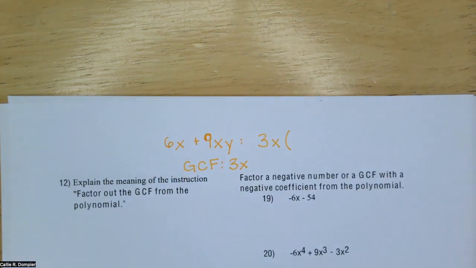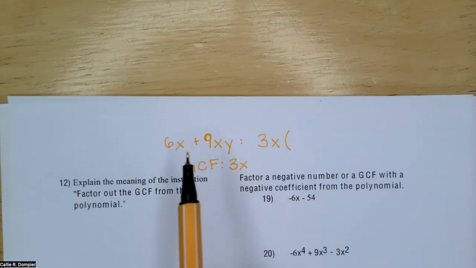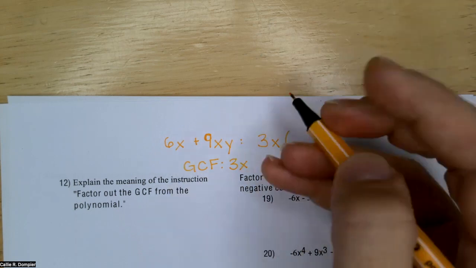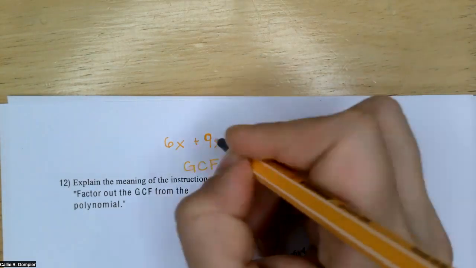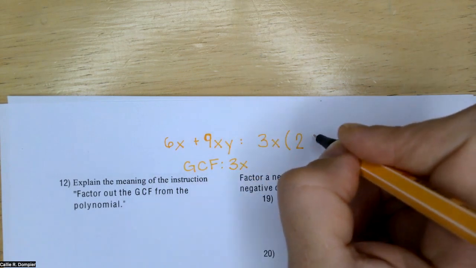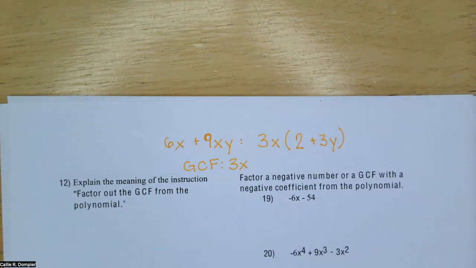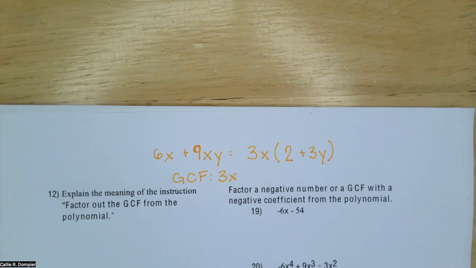To factor out the greatest common factor means you're going to create a multiplication problem. This is right now an addition problem, right? You're going to create a multiplication problem. 6x is actually 3x times 2. 9xy divided by 3x is actually 3y. That is what it means to factor out.